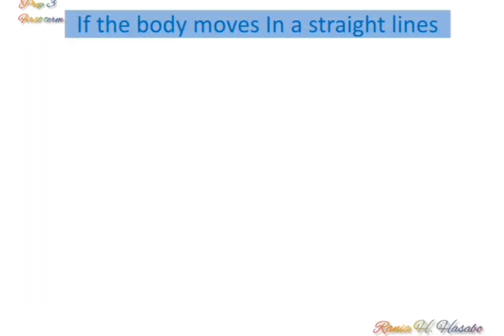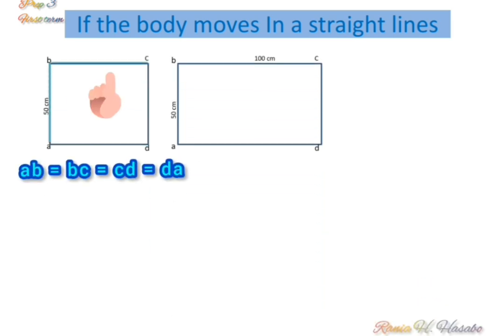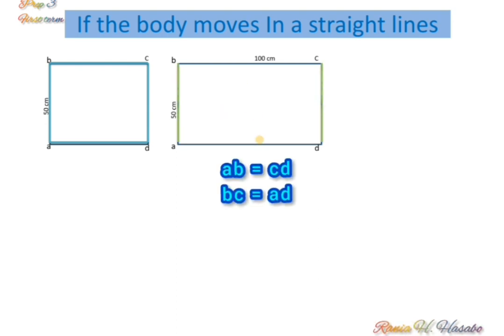To solve a problem of distance and displacement of a body moving in a straight line, remember that in a square, all sides are equal, while in a rectangle, every two opposite sides are equal.